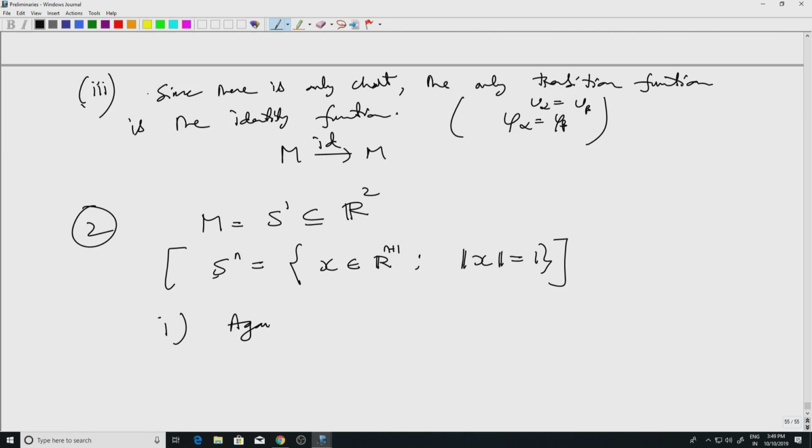Again, since it's given as a subset of R2, we have a natural metric on S1. And so once we have a metric, we don't have to worry about Hausdorff. The only thing we have to do is check separability.